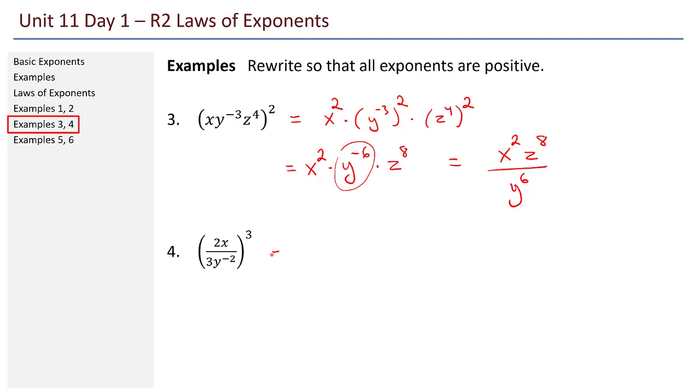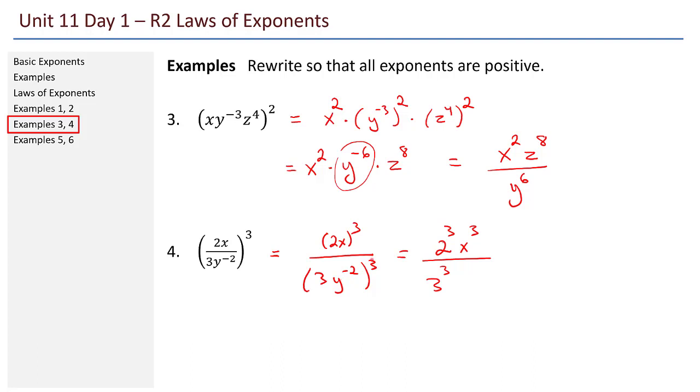Example 4, I'll distribute the 3 above and below on both parts of the fraction. So I get 2x cubed over 3y to the -2 cubed. Then I can distribute the exponent of 3 on each of the factors. So 2 cubed x cubed, and then 3 cubed, and then I'll just go ahead and multiply the exponent out.